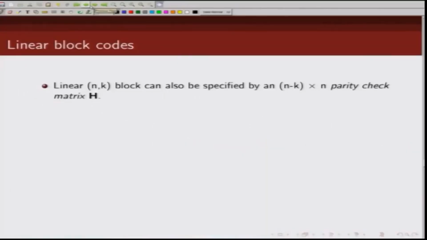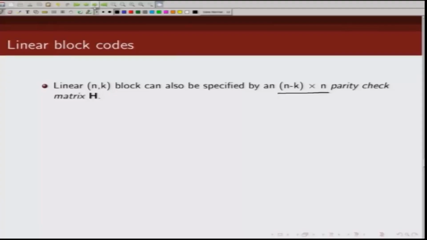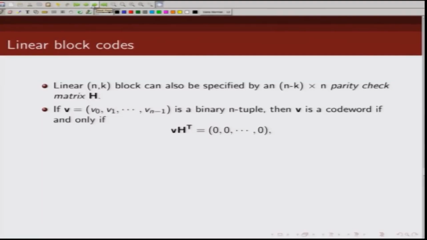So, an (n, k) linear block code can be specified by an n minus k cross n parity check matrix, which we denote by H. The generator matrix we denote by G, and the parity check matrix we denote by H. This parity check matrix has the property that V is a valid code word if and only if V H transpose is 0. So, if V is a valid code word, V H transpose will be 0.